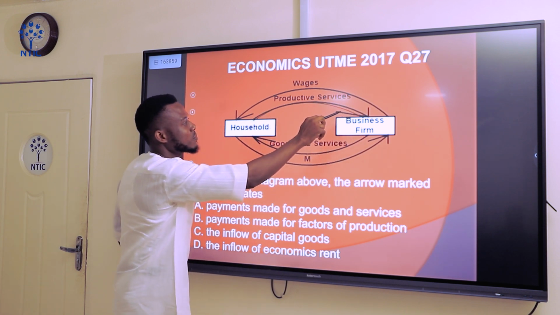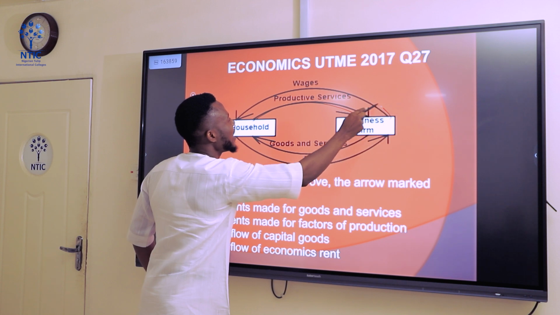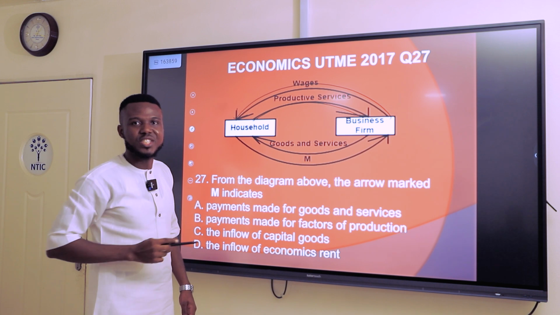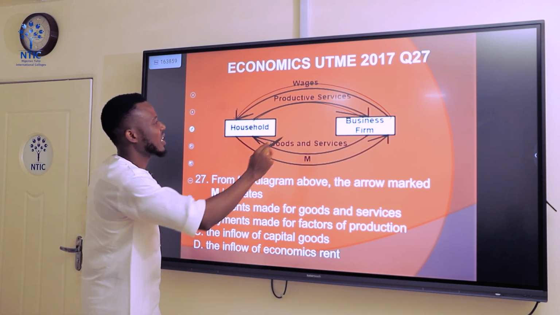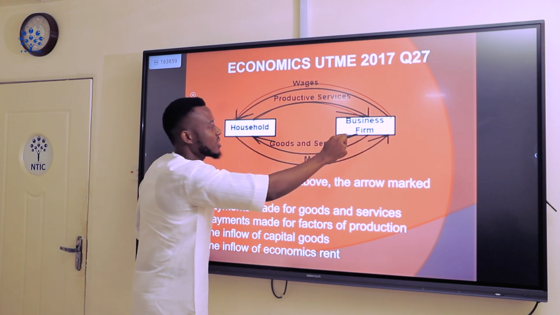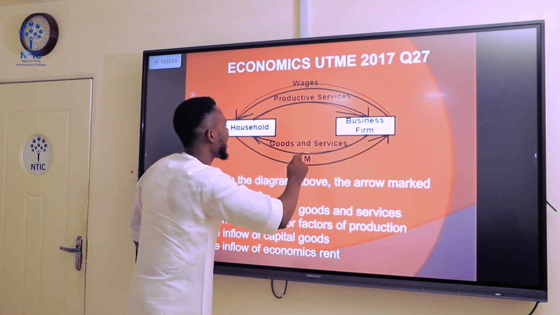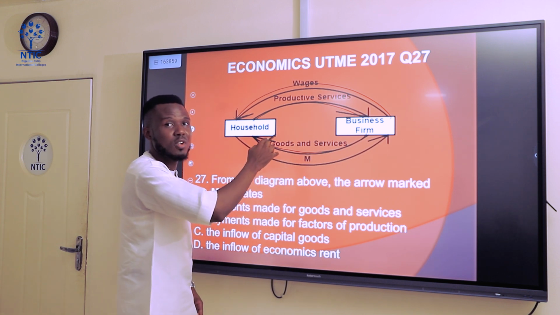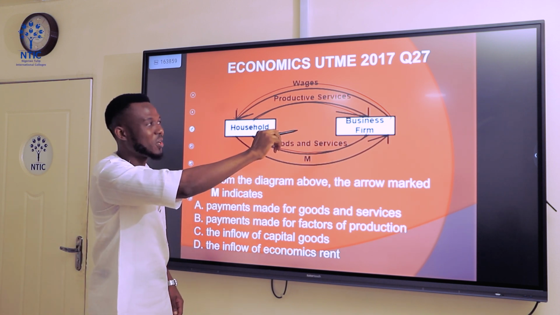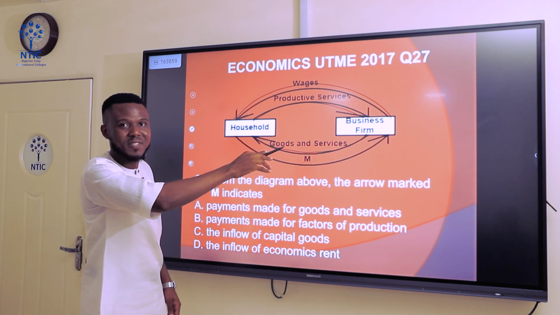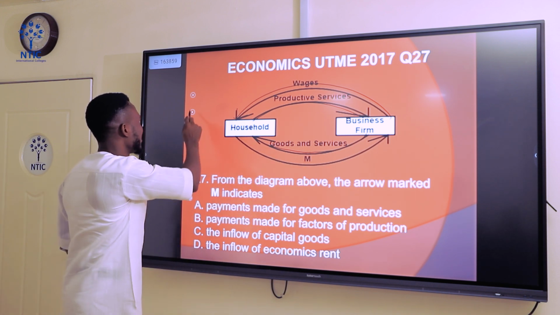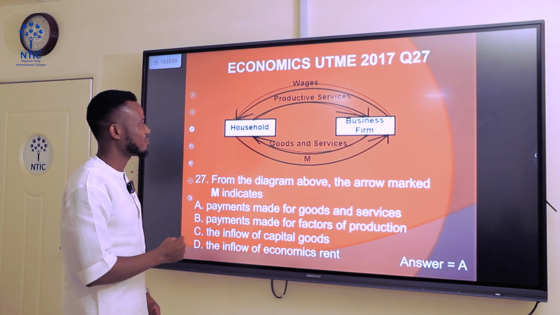We also find that these business firms will have to pay for these services provided by the household in forms of wages. Likewise, having produced, whatever output the business firms have gotten will be transferred back to the household for consumption in forms of produced goods and services. And what should the household do in turn? Having been provided with goods and services, of course, there should be payment made for goods and services. Our answer here is A.